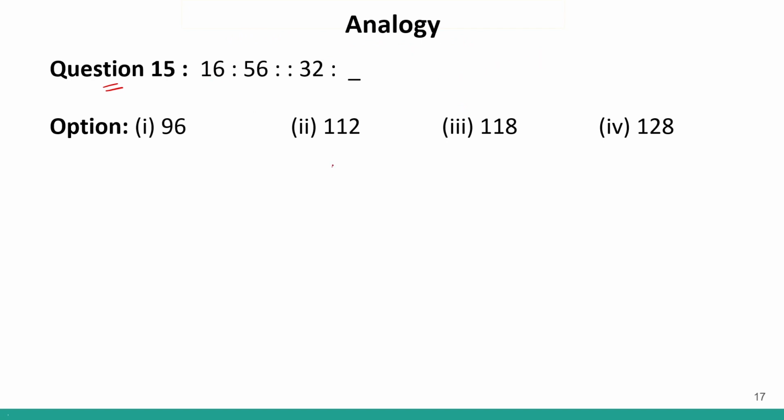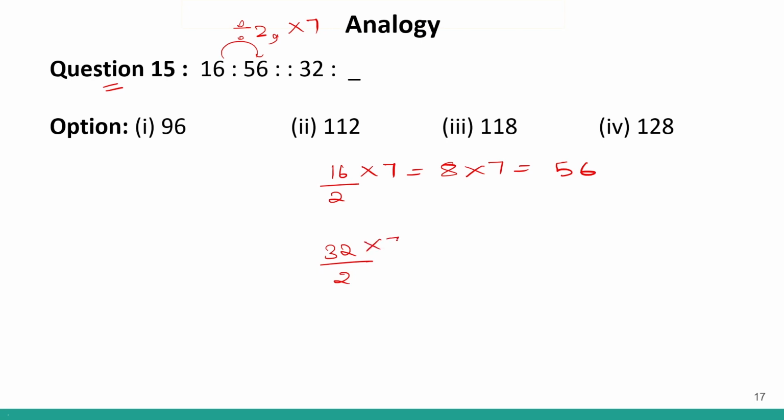If I divide 16 by 2, and I multiply it by 7, so this will be 8. And if I multiply it by 7, how much will I get? 56. This is one way that 16 and 56 are related. Basically, I have divided by 2 and then we have multiplied by 7. Correct? So now let us see if we can do the same thing for 32 also. If I divide 32 by 2 and multiply it by 7, how much will I get? This will be 16.